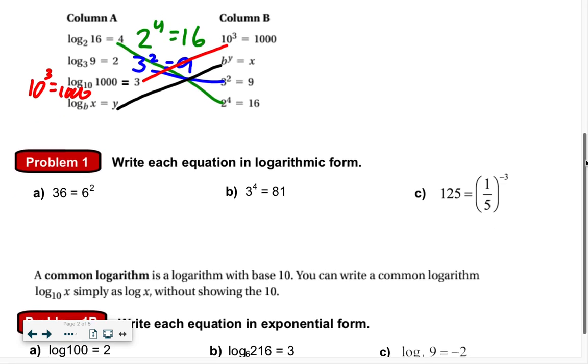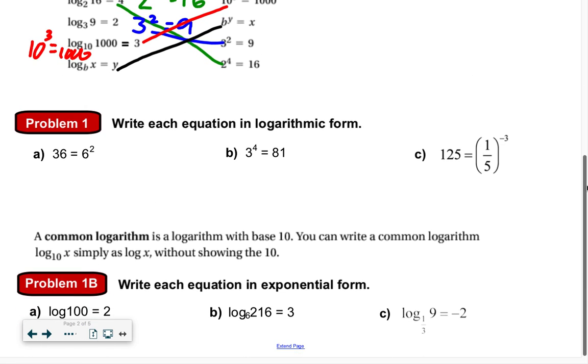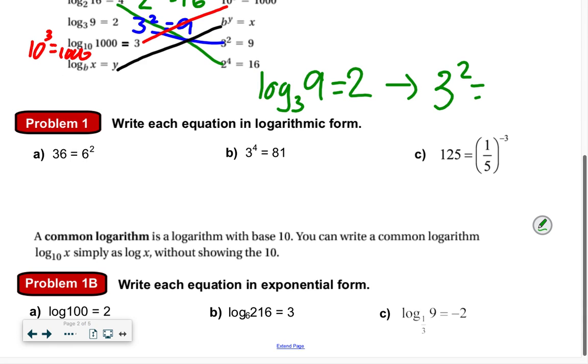We can work backwards, writing our exponents as logs. Okay, so I'm going to write this one down here as an example. We had log base 3 of 9 equals 2, and that became 3 squared equals 9. Okay, so moving backwards, I like to start with the base. My base is 3.